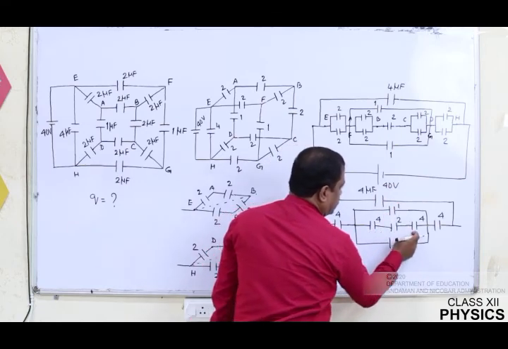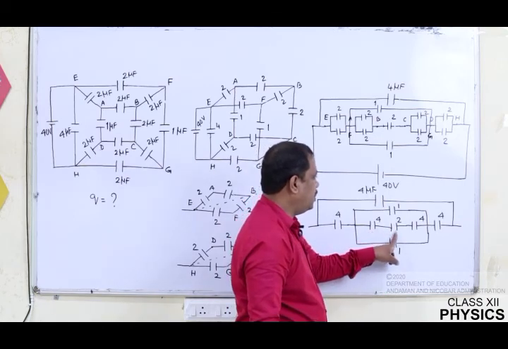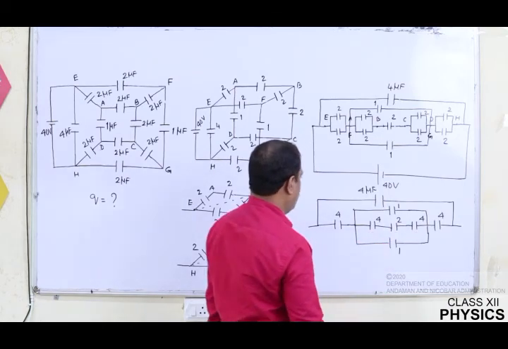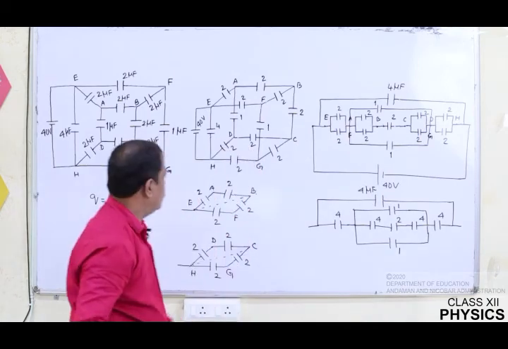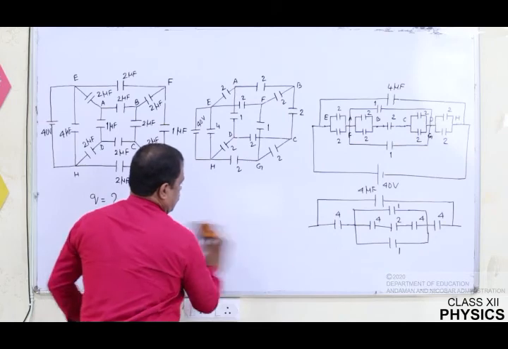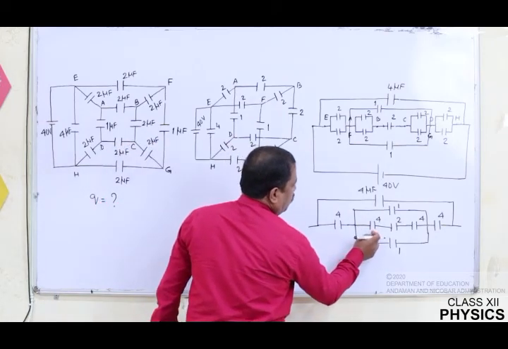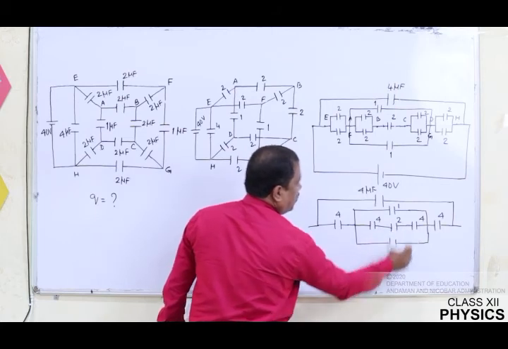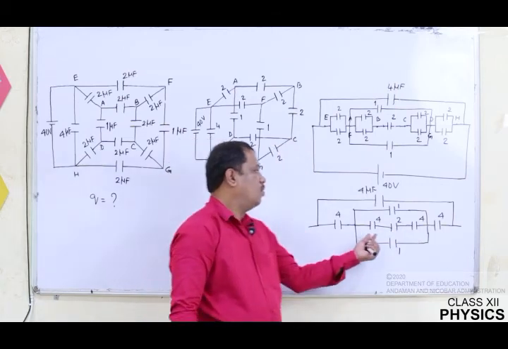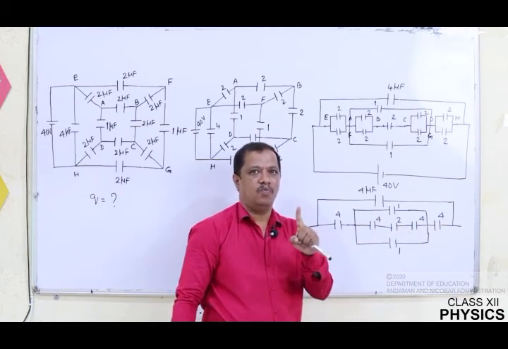Now these three are in series, so this will be 1 by 4 plus 1 by 2 plus 1 by 4. I hope quarter plus half plus quarter will become 1.